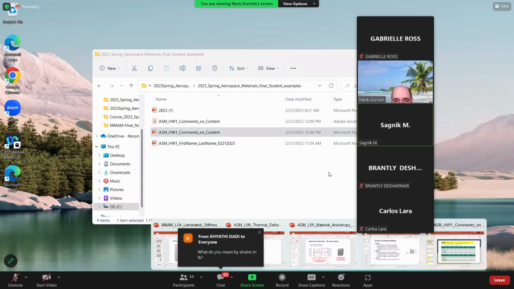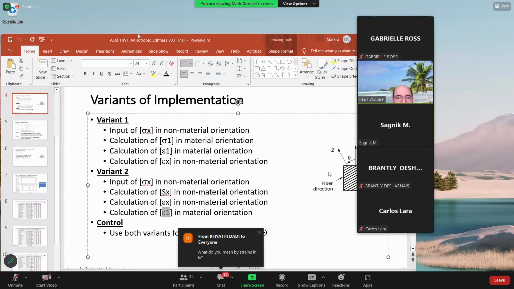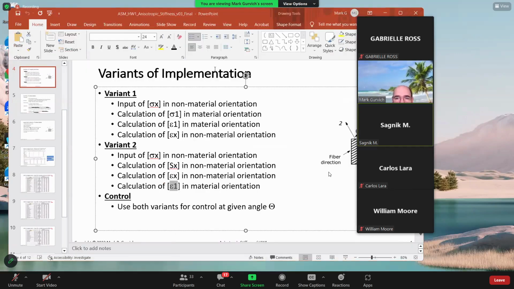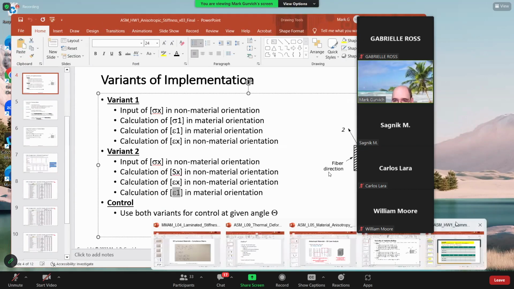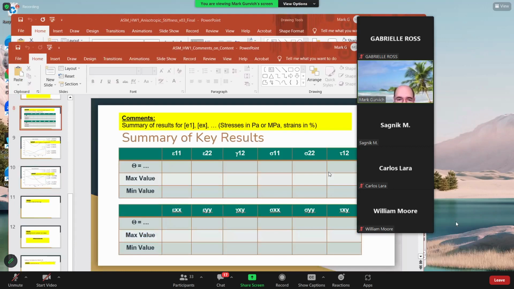Professor, I had a quick question. Can you please go back to the table for one second, at the max and min value? Over here, it asks for the max and min values of sigma x, sigma y, and tau xy.